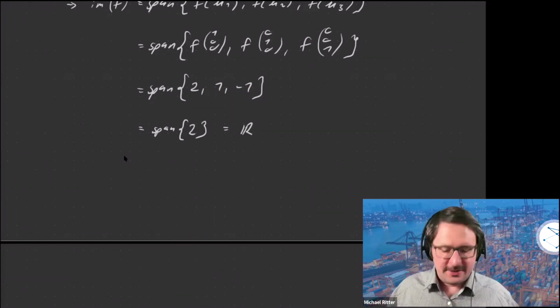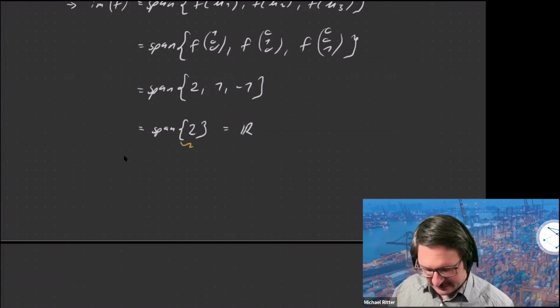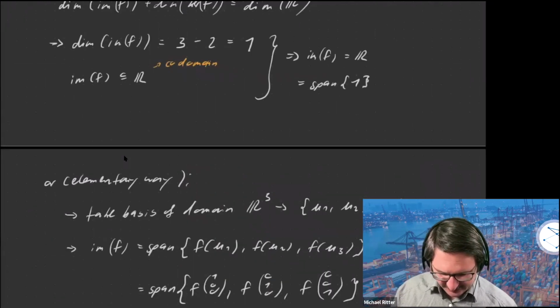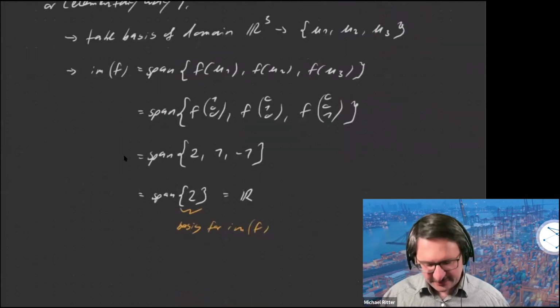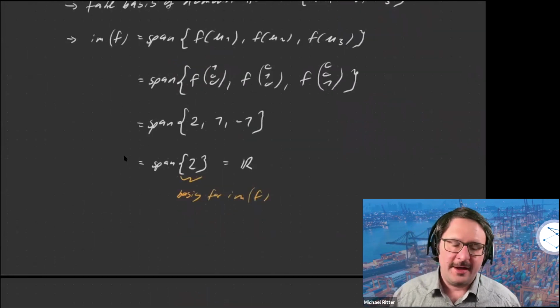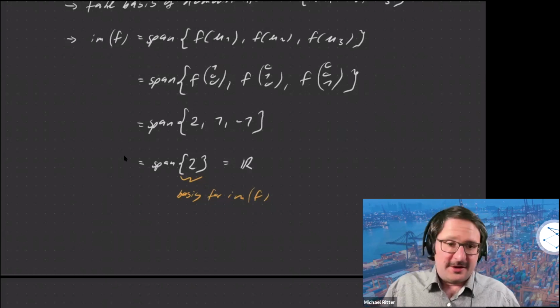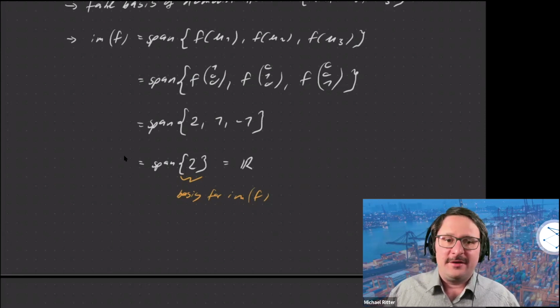So again, what we get is the set of reals for the image and this here as a possible basis for the image. I think I forgot to write that up here. So this here is also a basis for the image. You can see I got a different result here. Both are fine. Any basis for the image will do. Depending on how you compute that, you might arrive at different results.